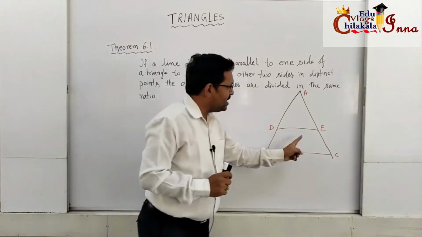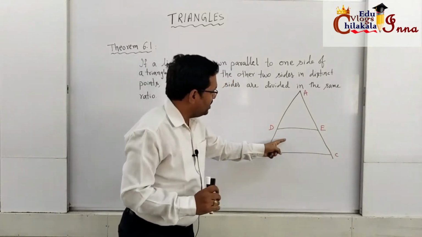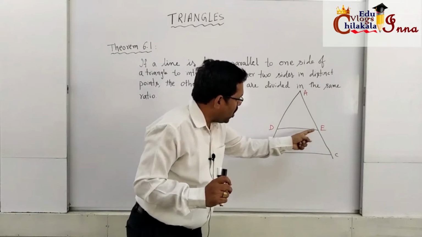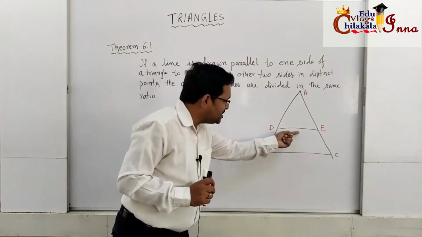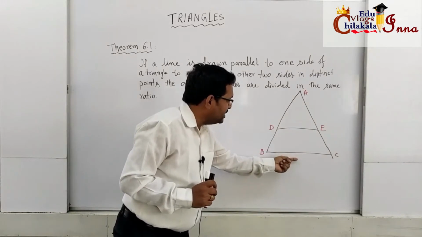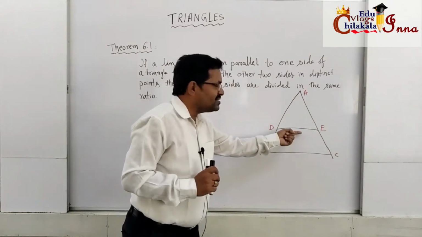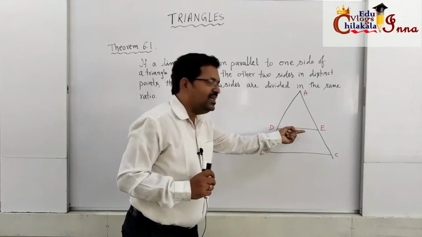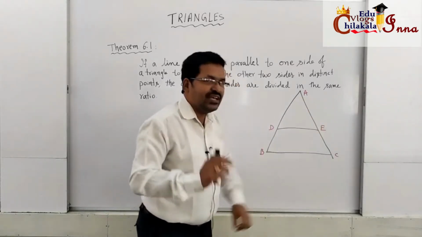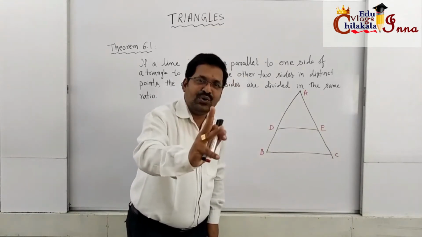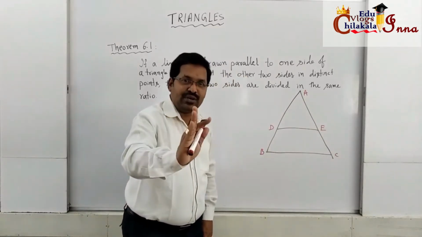Just observe this triangle. There is a triangle and a line DE is drawn that is parallel to BC. Then what does this DE do? DE intersects the other two sides in the equal ratio, in the equal proportion.